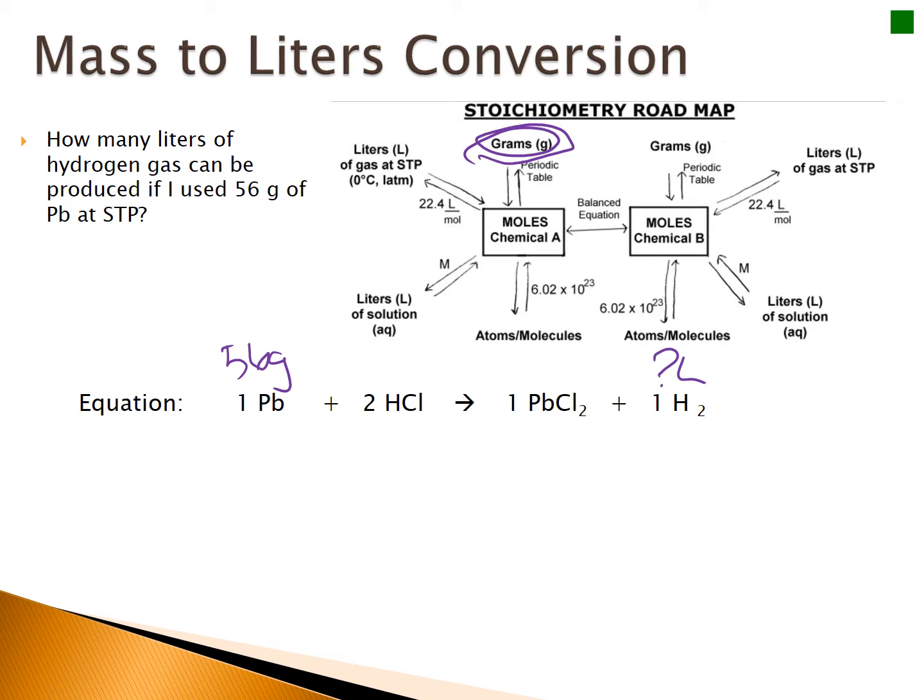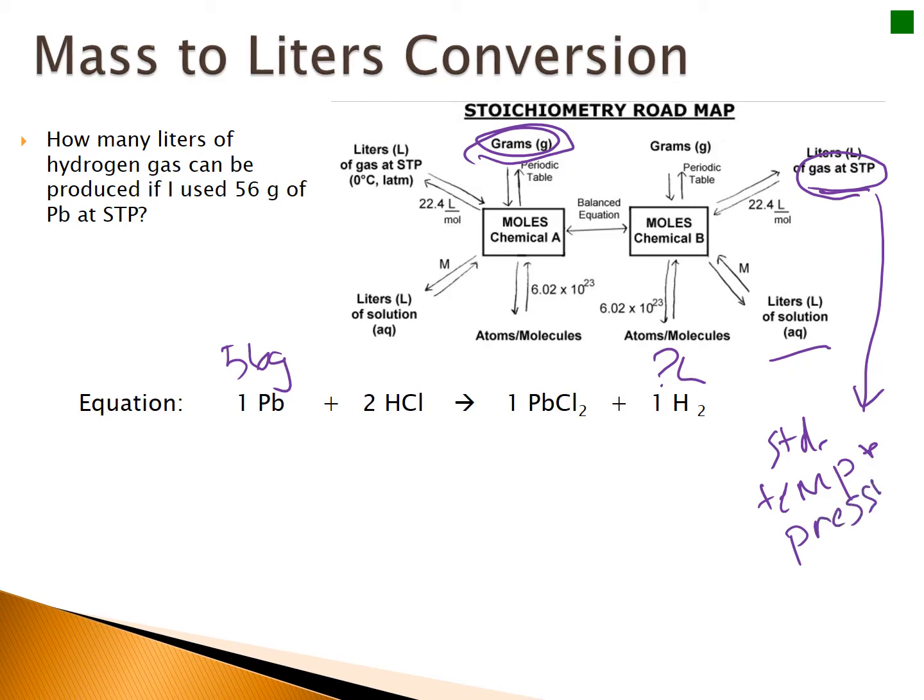The problem is, if you notice, there are 2 liters conversions. One is if it's a gas at STP, and STP stands for standard temperature and pressure. Those are just defined scenarios that scientists have come up with. Standard temperature is 273 Kelvin, which is equal to 0 degrees Celsius.